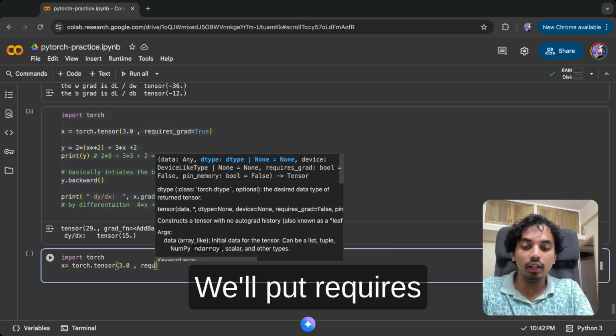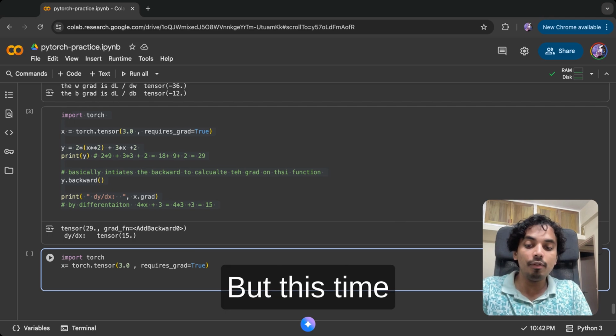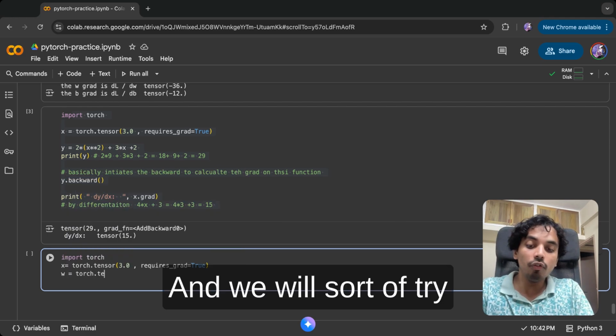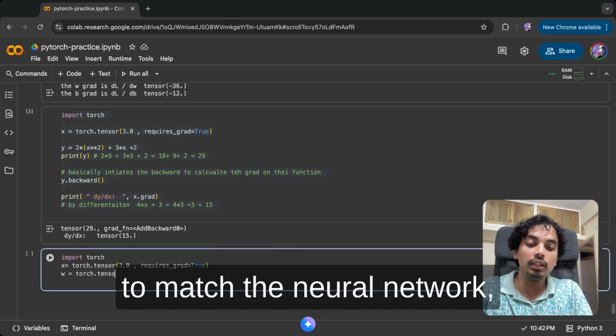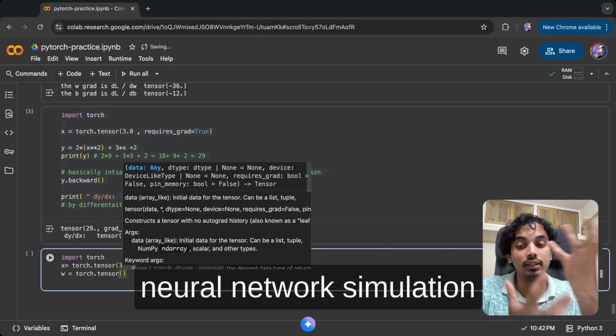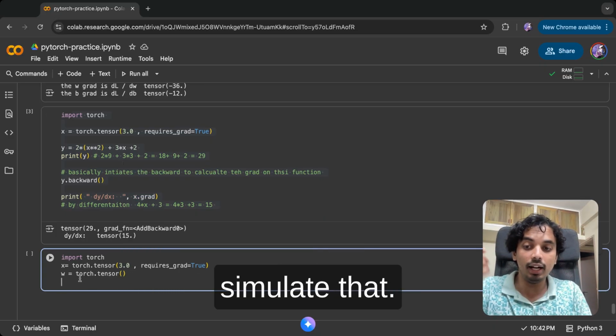We'll put requires grad as true again. But this time we'll also put w. And we will try to match the neural network simulation that we did before, because we've already made a neural network. So let's try to simulate that, right?